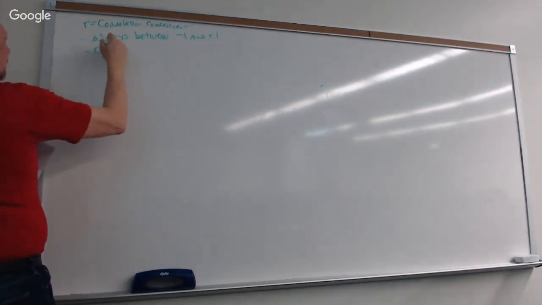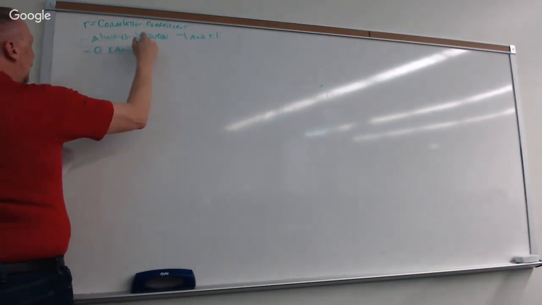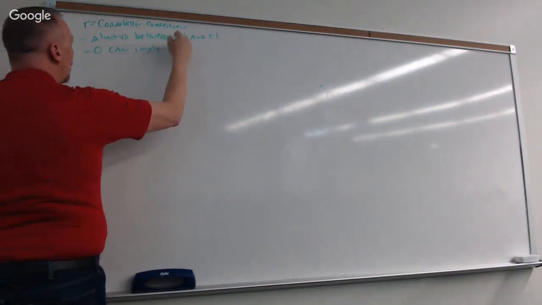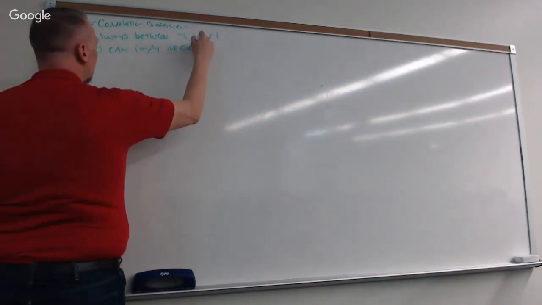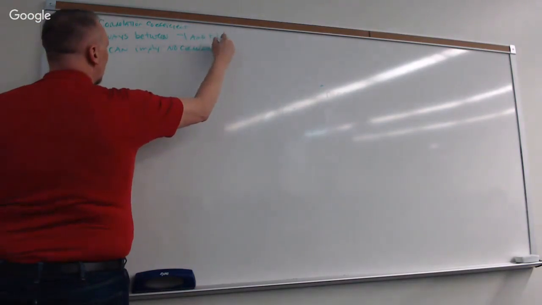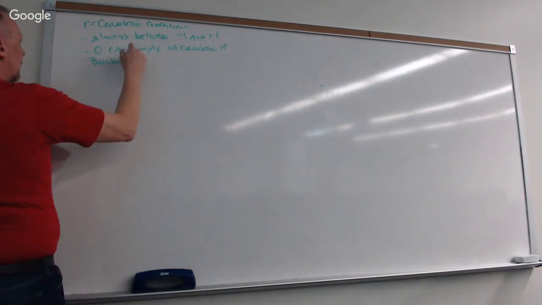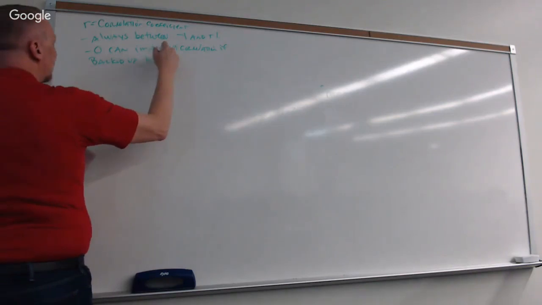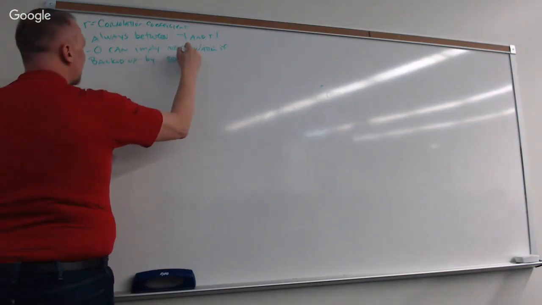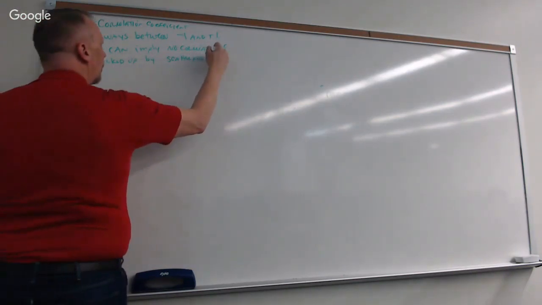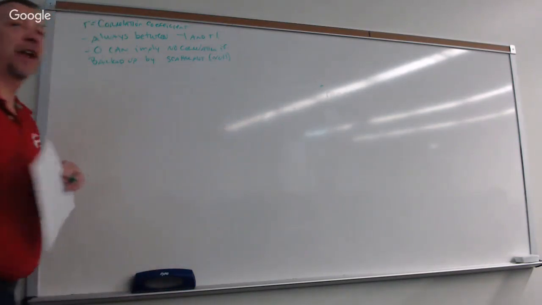And a 0 can imply no correlation if backed up by scatterplot, which we're looking for a null scatterplot, no.